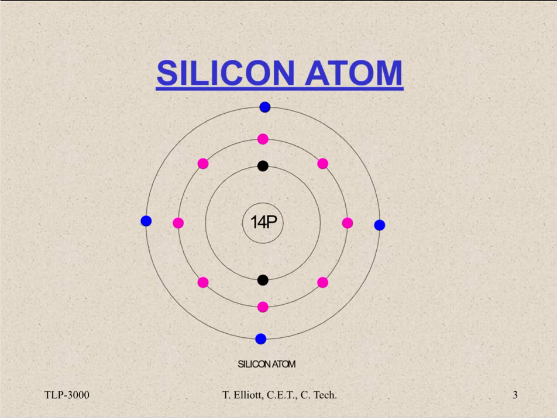Semiconductors are primarily made up of silicon. Germanium's not that popular anymore, but the way technology is changing, who knows what's going to be developed tomorrow.